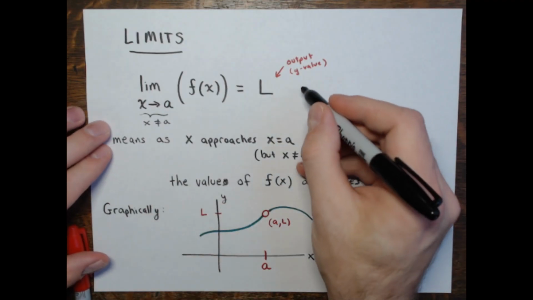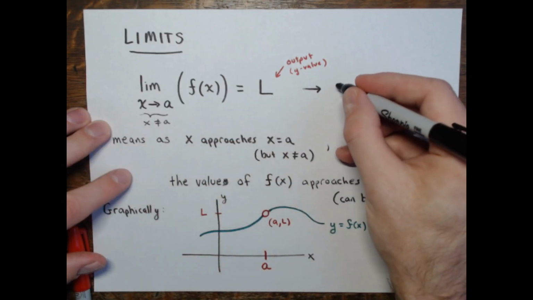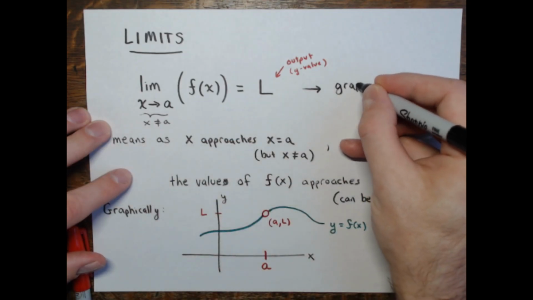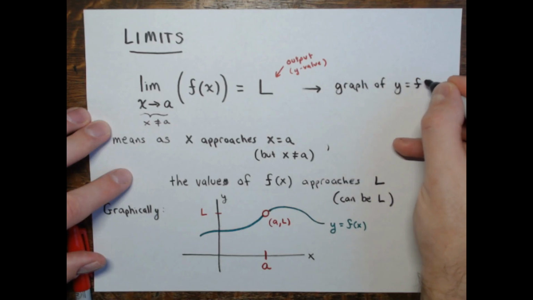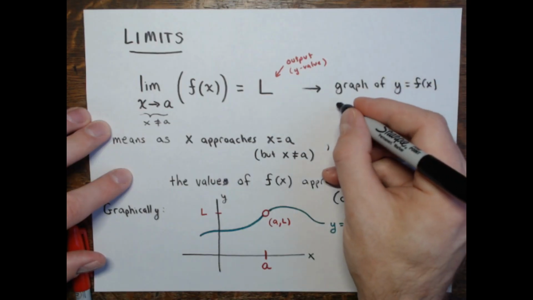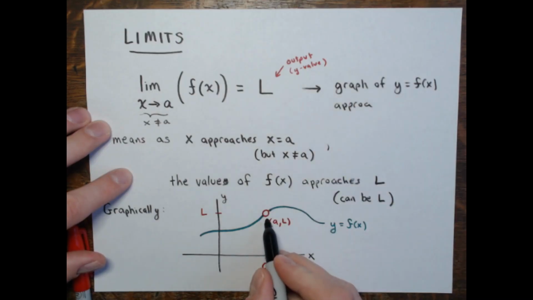All right. And this is another thing I could write here. This means that the graph of y equals f of x approaches, again, it doesn't have to hit it.